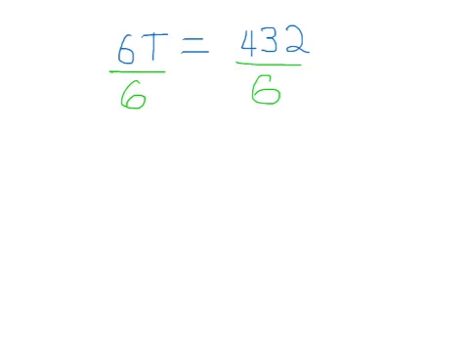Alright? And this gives me 1t, which is t, and over here, if I divide 432 by 6, I get 72. Okay? Questions about that? We're just taking it through these things.